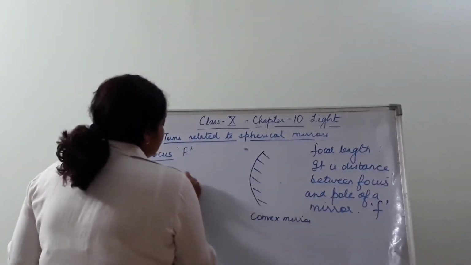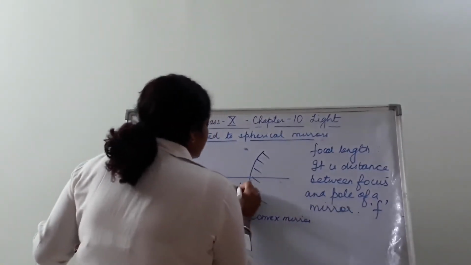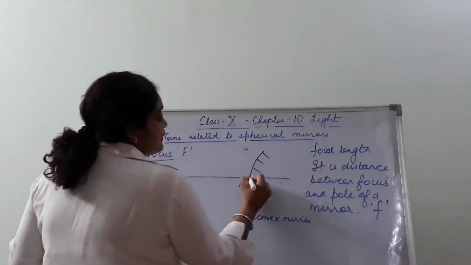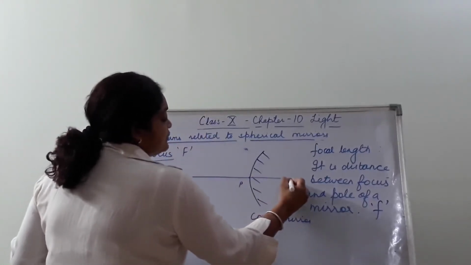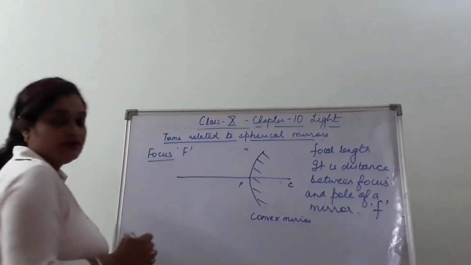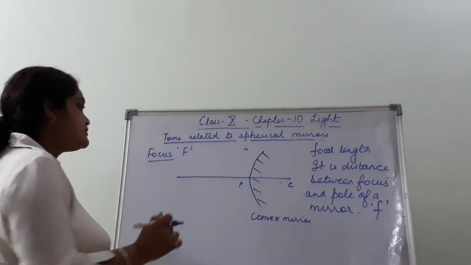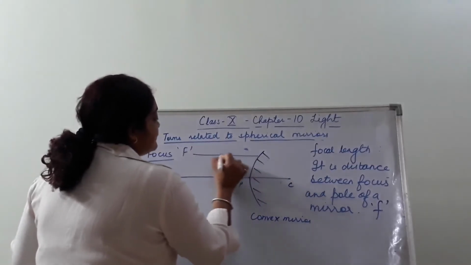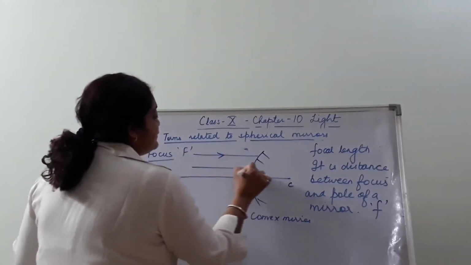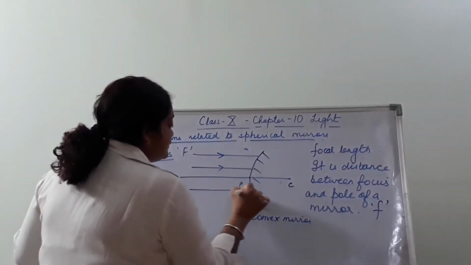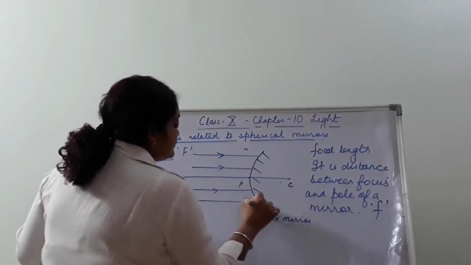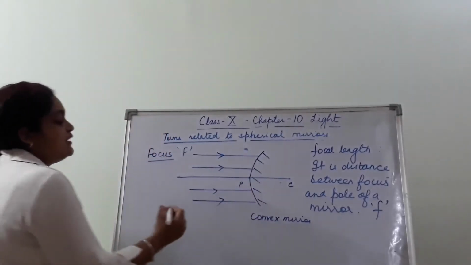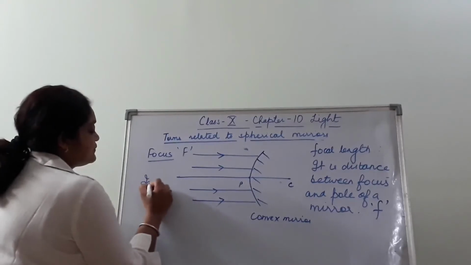This is the imaginary line. This is the pole of the mirror. This is the center of curvature C of the mirror. Now suppose the parallel light rays are approaching. This is one incident ray. This is another incident ray. This is one more. So these are incident rays.